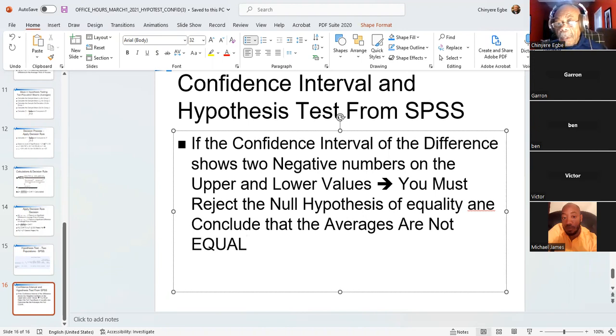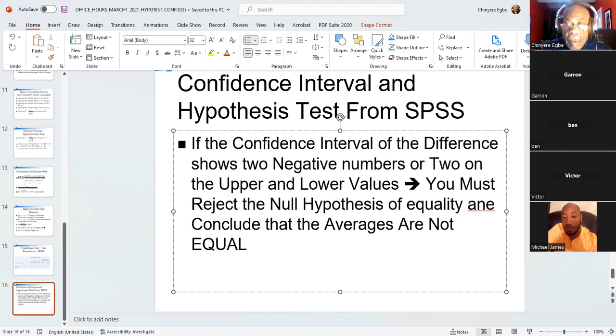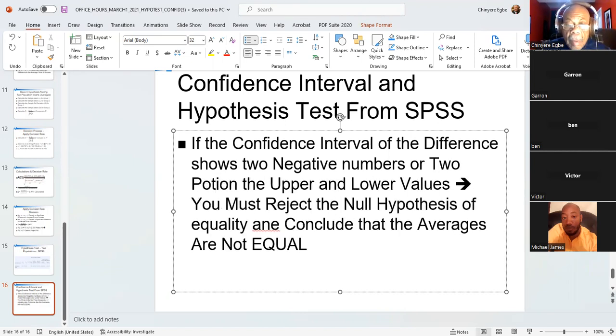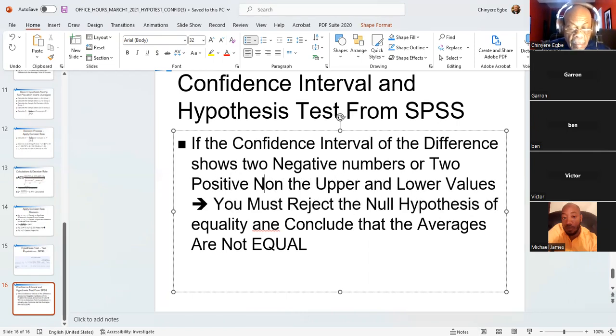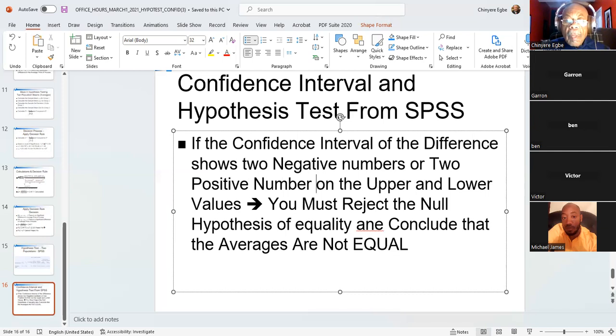Okay? So once the confidence interval of the difference shows two negative numbers or two positive numbers, okay? You must reject the null hypothesis.